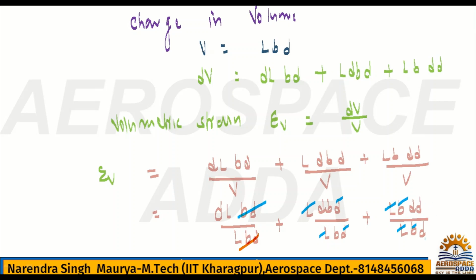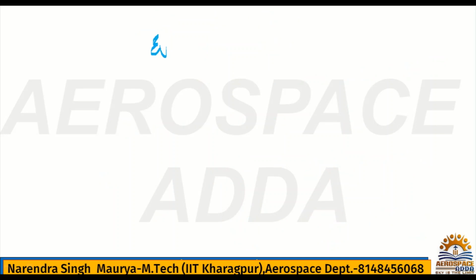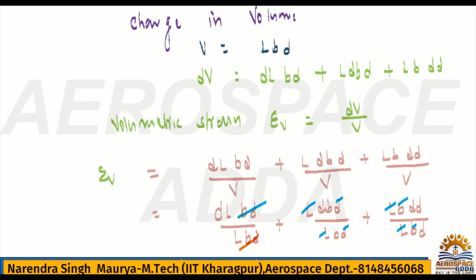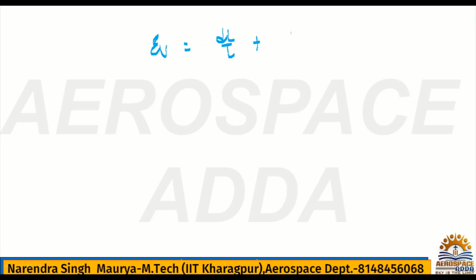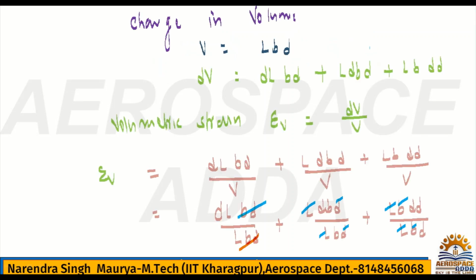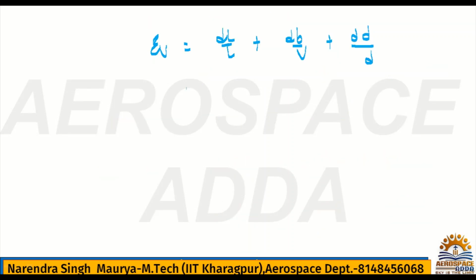What we have is delta D by D. So I can write epsilon v is equal to delta L by L plus dB by B plus dD by D. Last you can see. That also maybe you have confusion.